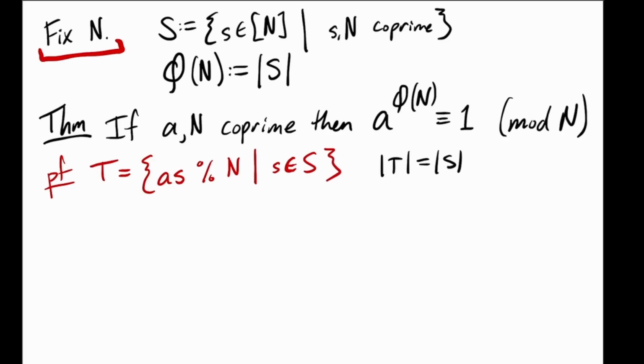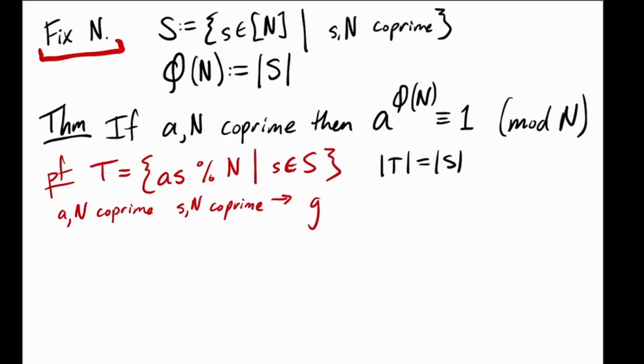And, well, we have a and n are coprime. And s and n are coprime, because that's how we define the set S, the big S. And so the product of these will also be coprime. So as is going to be coprime to n, and maybe I'll write it like this.